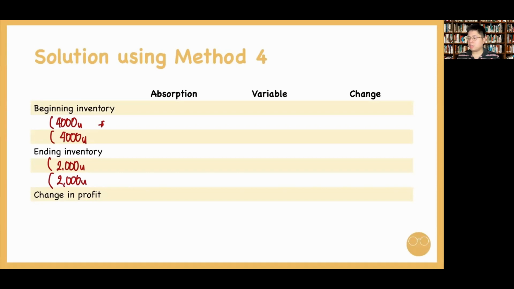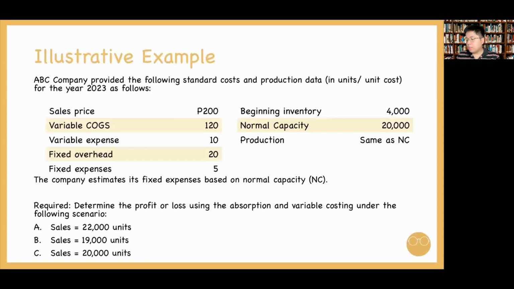Going back to module 3.1.2, that is 120 variable cost of goods sold plus the fixed overhead rate of 20. But remember that under variable costing, only the variable cost of goods sold is considered an inventoriable cost. For absorption costing, that is 120 plus 20, equal to 140. But for variable costing, we use 120 pesos only.